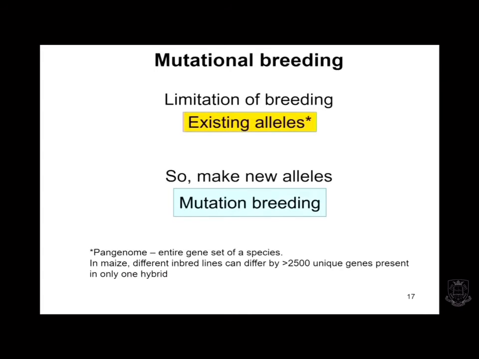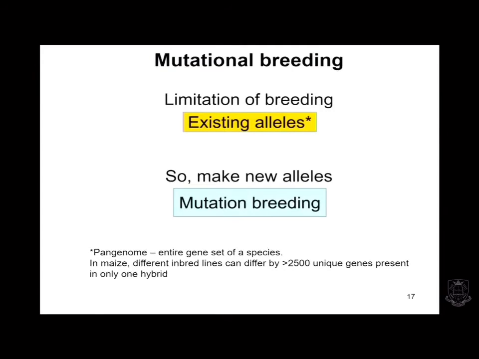So there's this concept of the pangenome for many species. That is the total genome size for a plant species. And actually, if you look at any variety, its pangenome for the species is much greater normally than the genome of an individual variety. So this is just what I'm saying down here. So you're limited by your existing alleles.